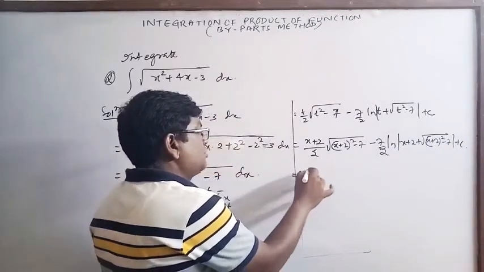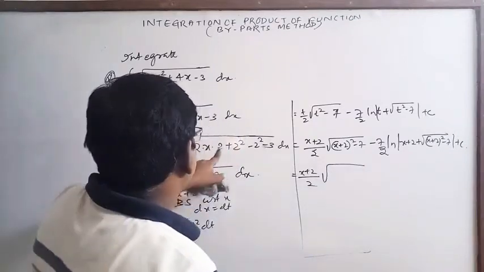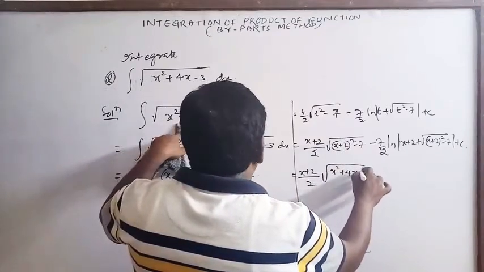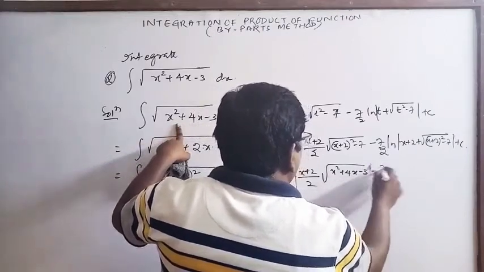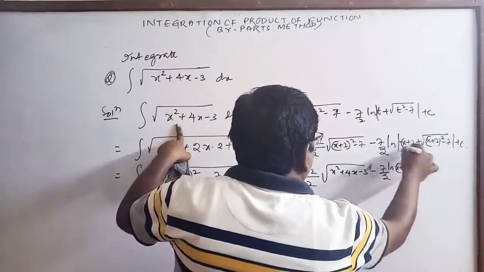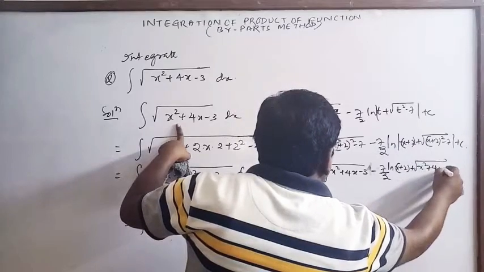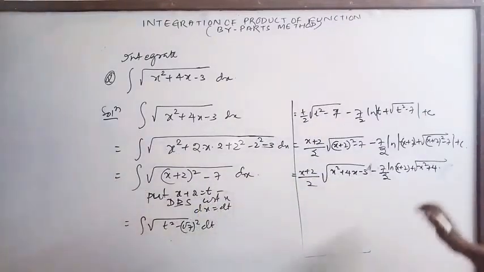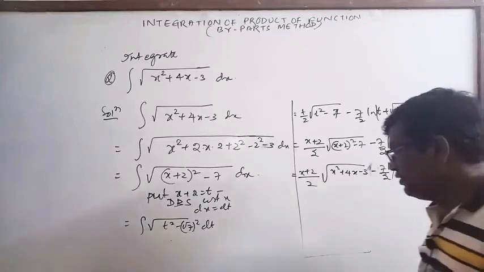Simplify this: x plus 2 by 2 root over x square plus 4x minus 3, minus 7 by 2 log mod of x plus 2 plus root over x square plus 4x minus 3, plus c. This is the answer. Okay, now another question.